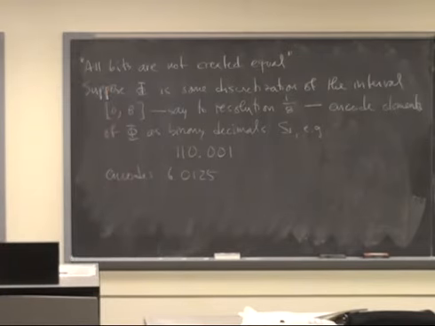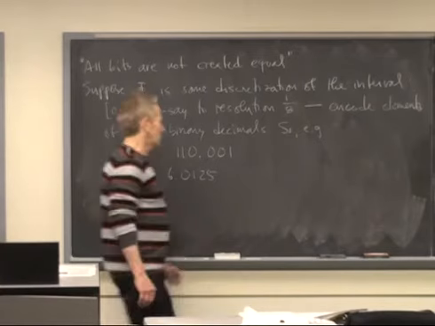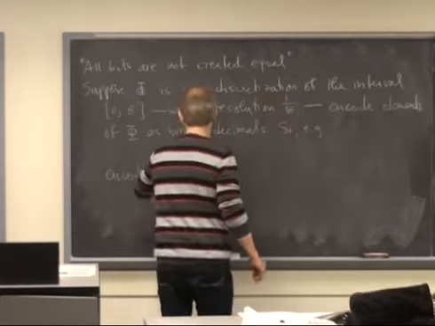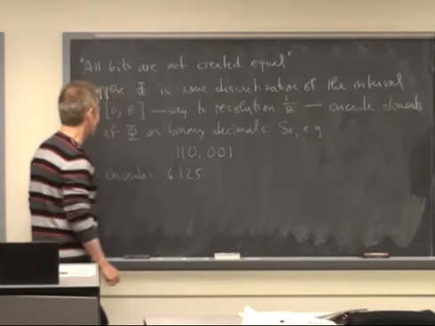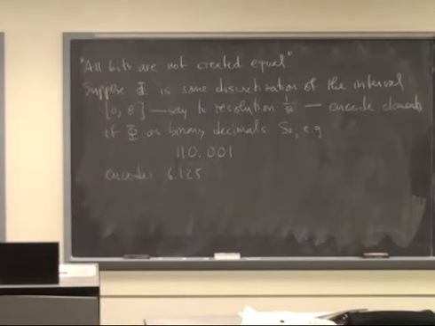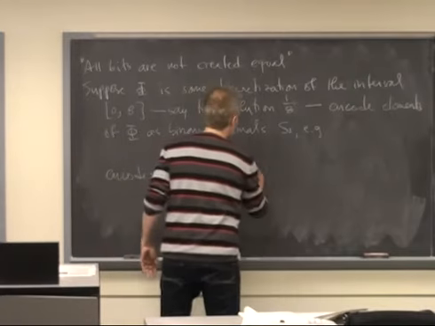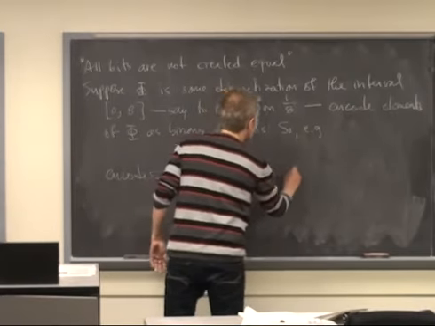Okay, so we have everything encoded that way. You have 6 bits, so you have 2 to the 6th elements in Φ. So the size of Φ is equal to 2 to the 6th.